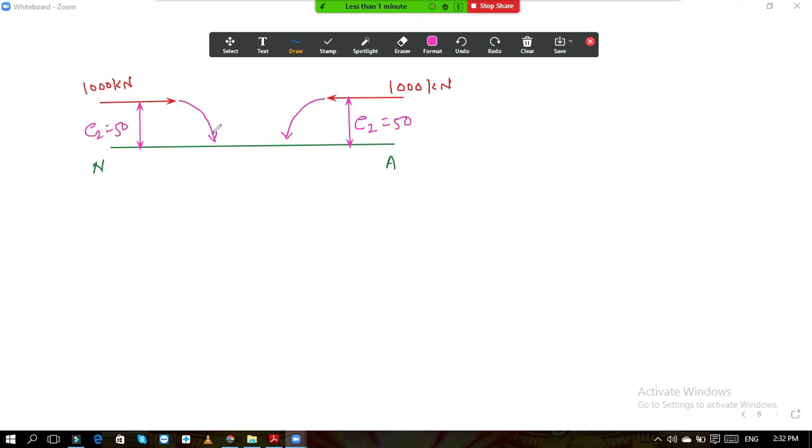So this will generate moment. Here I can calculate the moment due to eccentricity.